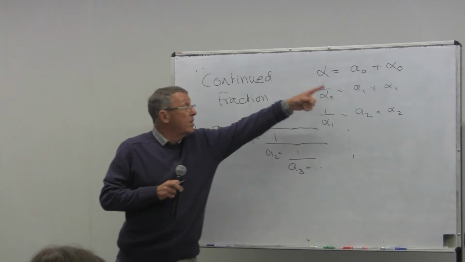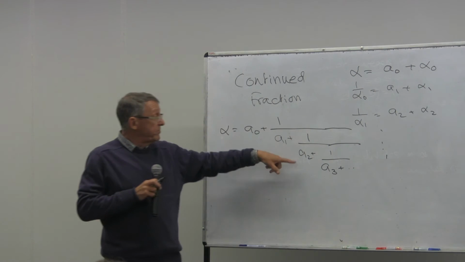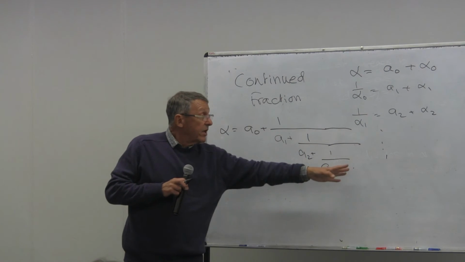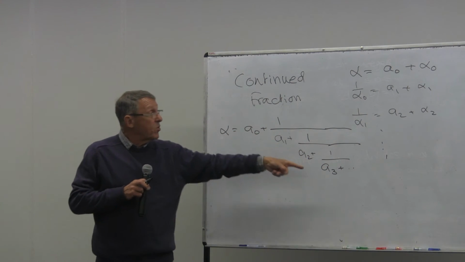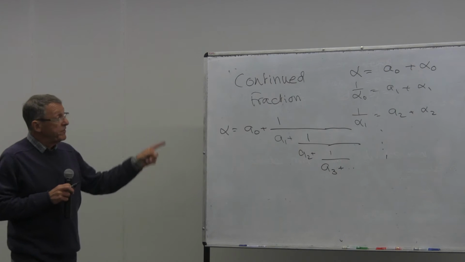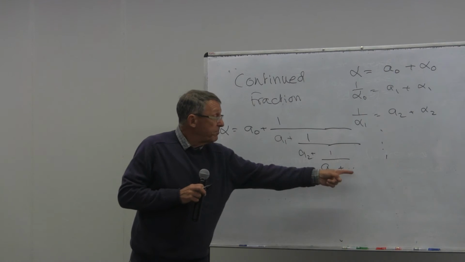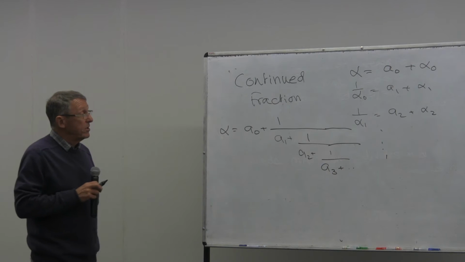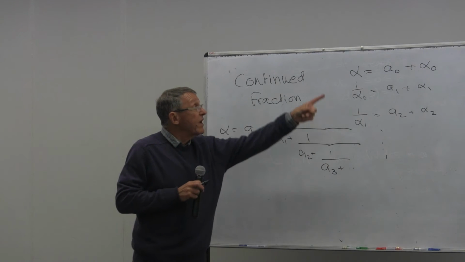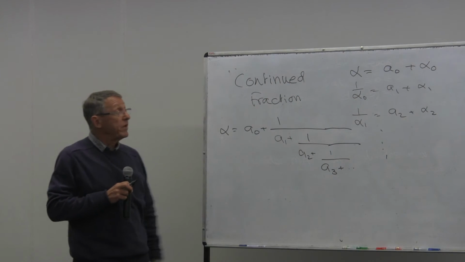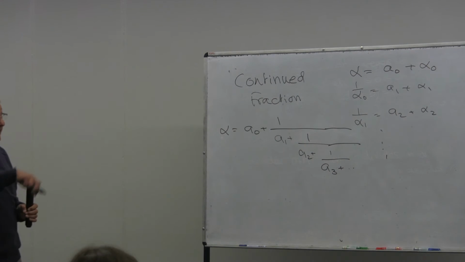Remember, these a's are all integers. So if alpha is irrational, the only place you can have an irrational must be in the end. So if alpha itself is irrational, then all the alphas will be irrational, and therefore the procedure goes on forever.